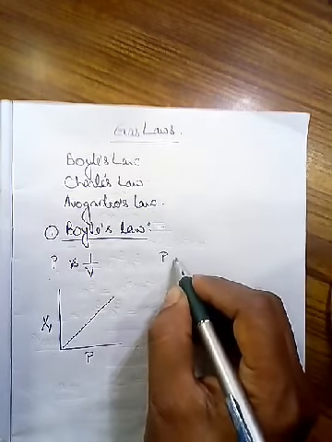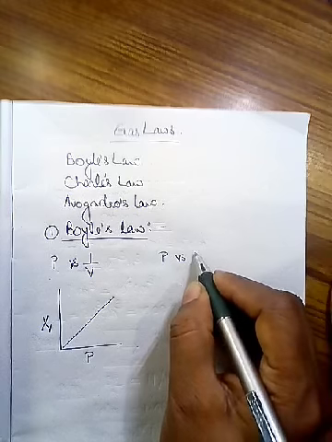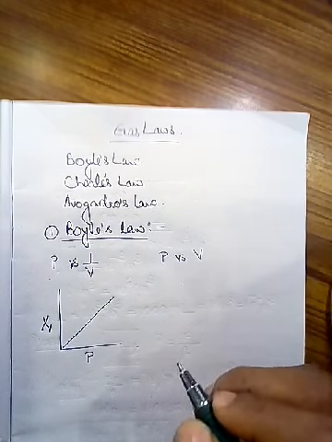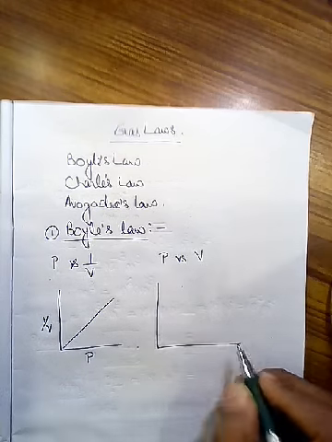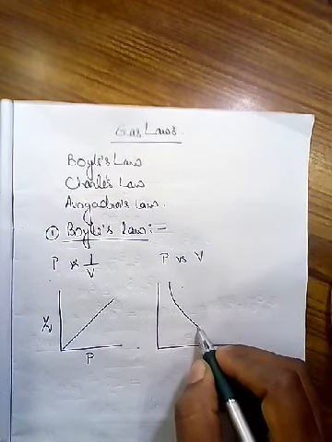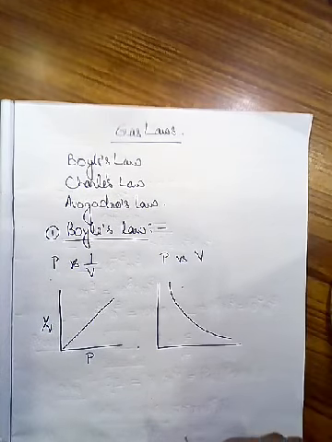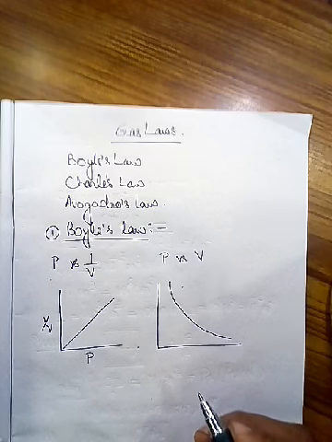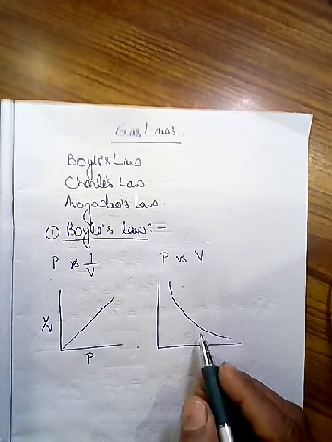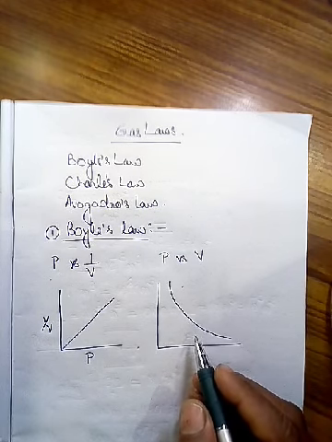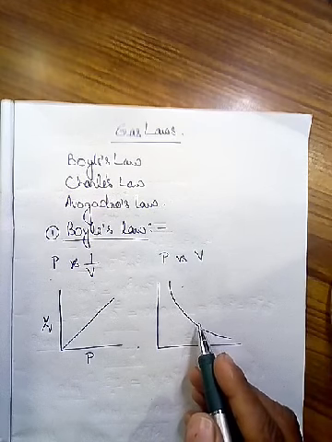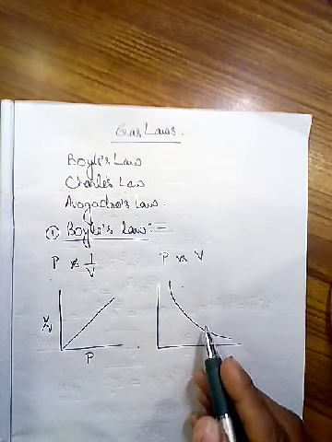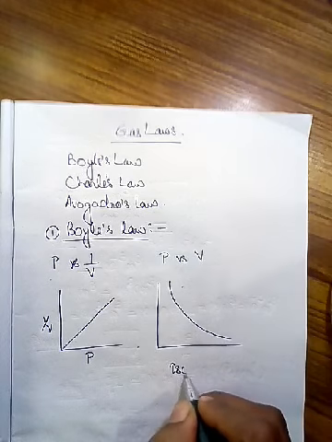Next, when we want to plot a graph between P versus V, we get a rectangular hyperbola. One increases, other one decreases. This is a graph between P and V at constant temperature, and it is also called an isotherm.